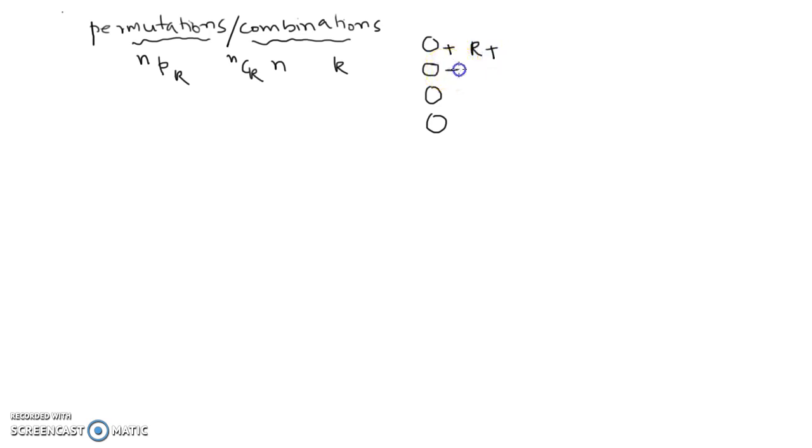Then ordering matters and repetitions are not allowed. Then ordering doesn't matter but repetitions are allowed, and ordering doesn't matter and repetitions are not allowed. If you look at these clearly, when the ordering matters, we are talking about permutations, and when the ordering doesn't matter, we are talking about combinations.